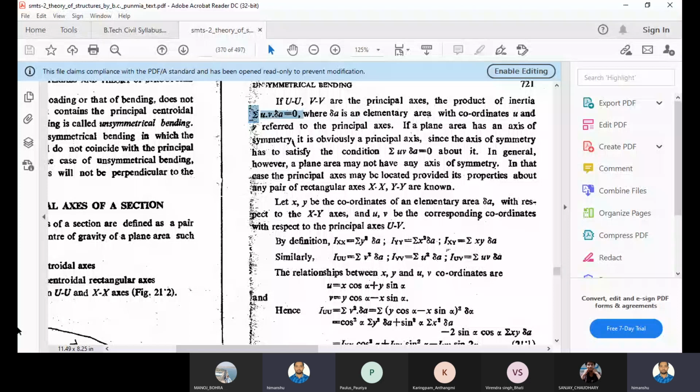What is delta A? Delta A is an elementary area with coordinates U and V referred to the principal axes. If your plane area has an axis of symmetry, then obviously it will be a principal axis, since the axis of symmetry has to satisfy the equation summation U into V into delta A equal to 0 about it.